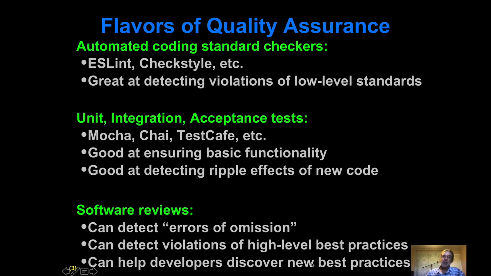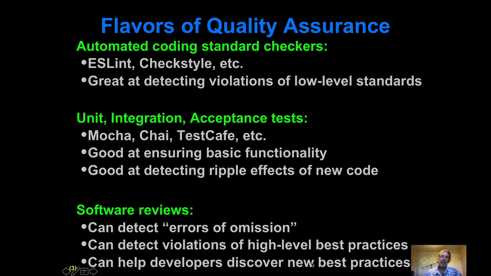So I want to first talk about how review fits into the other kinds of quality assurance that you've used in this class. So you have used automated coding standard checkers. So we were using ESLint, and that's super useful. Everybody should be using a coding standard tool like ESLint, or in Java world, CheckStyle is the standard, because those tools automatically detect and sometimes even help you fix low-level standards, indentation, formatting.